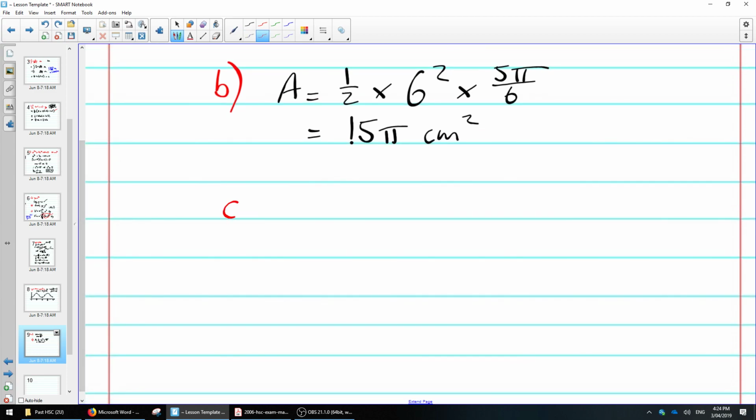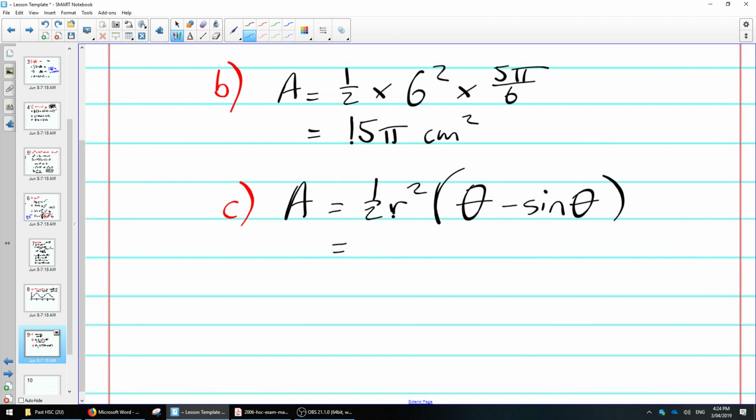So lastly, quite a few people just used the formula. The area of the segment is equal to half r squared times theta minus sine theta.